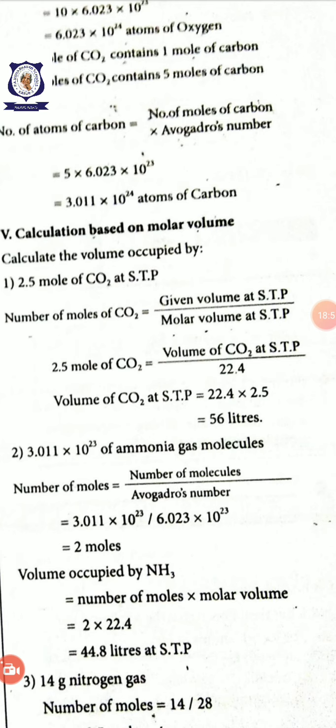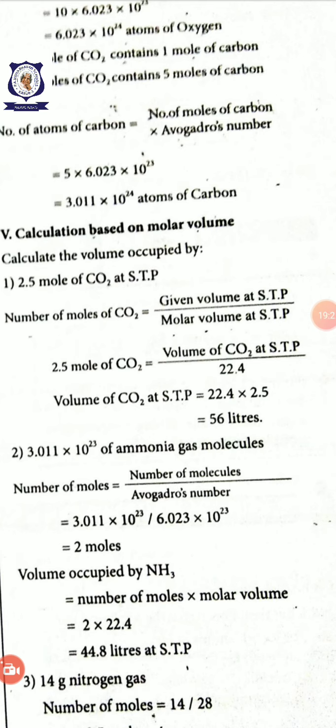We know number of moles is equal to given volume by molar volume. Given volume we don't know, but number of moles is 2.5 moles. Given volume is equal to 22.4 into 2.5.